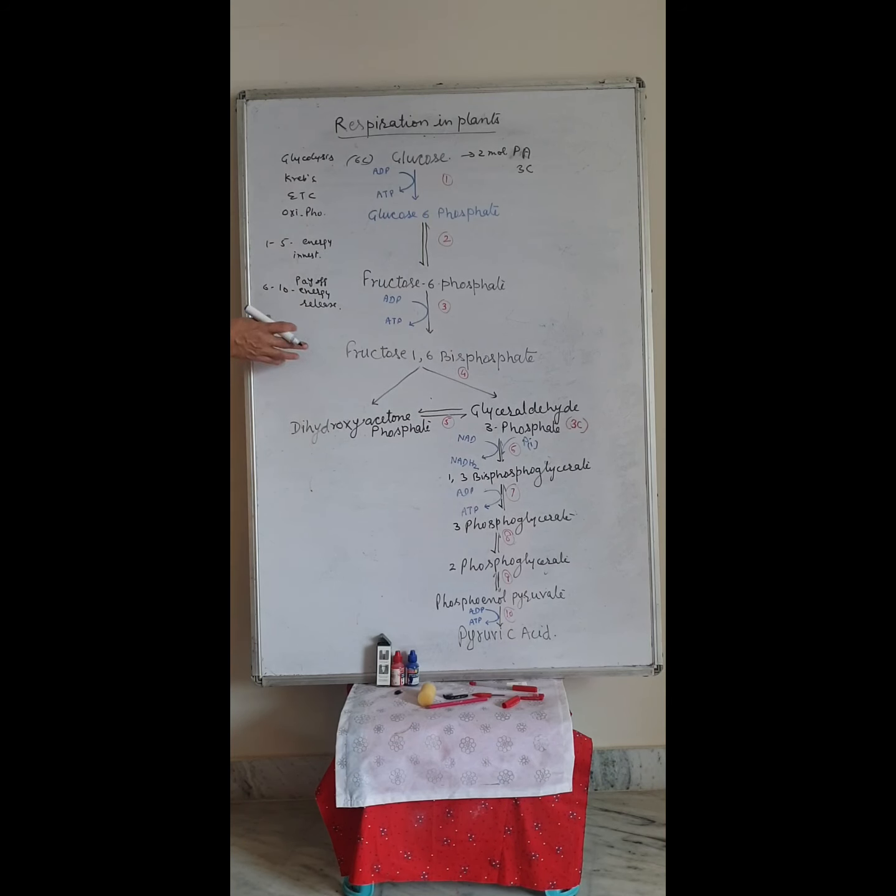glycolysis. So first the glucose molecule, as we discussed already, this process occurs in the cytoplasm. It is an anaerobic process without involvement of oxygen. It is a common process occurring in aerobic as well as in anaerobic respiration. So first the glucose is converted into glucose 6-phosphate.